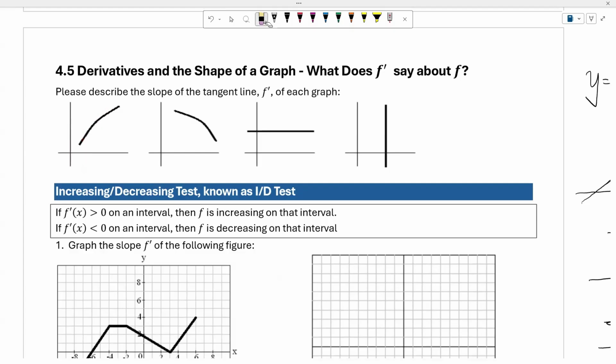If the function is increasing, let's check the slope of the tangent line. You will see that the slope of the tangent line is always positive. So if f is increasing, then f prime is positive.